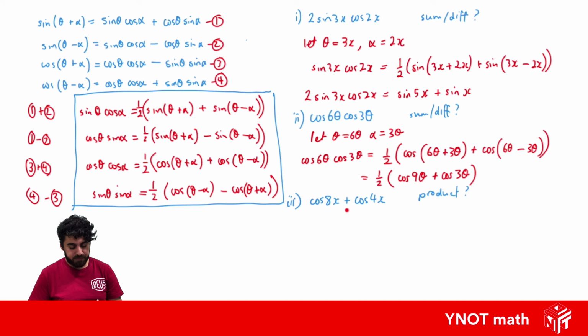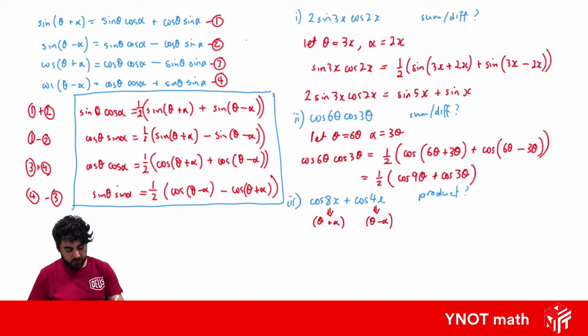So here we have a sum in terms of two cosines. So it's looking very similar to this third equation here. And that's what we want to use. So just to visualize this, we know that 8x is representing our first term, which is theta plus alpha, and 4x is representing theta minus alpha.